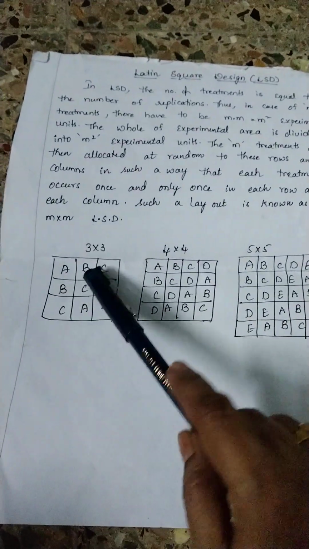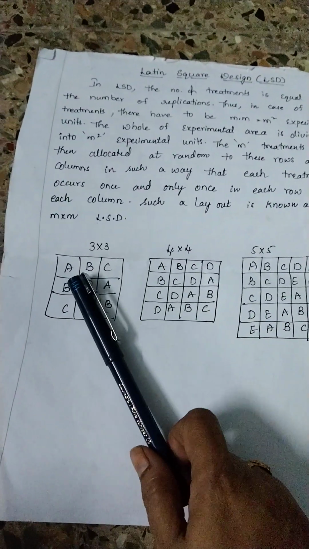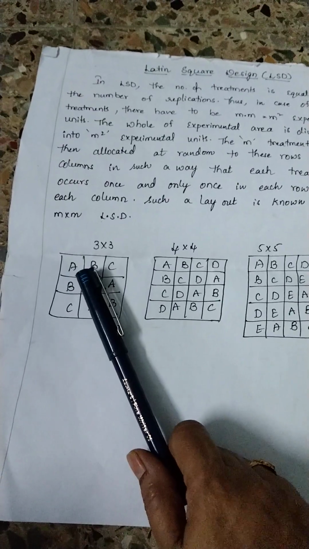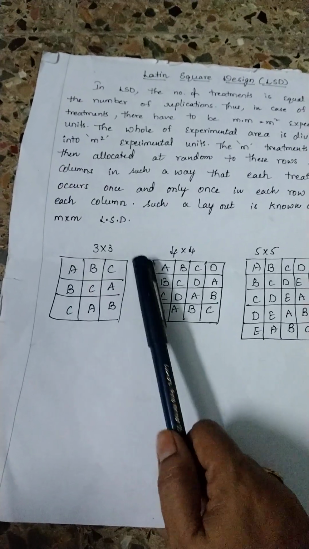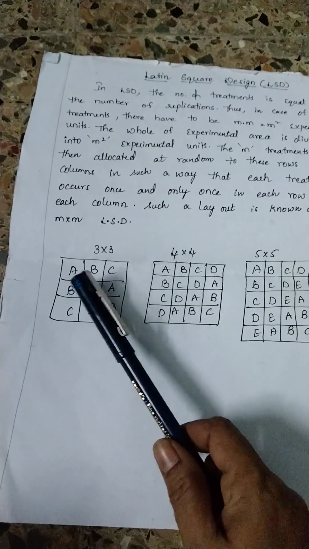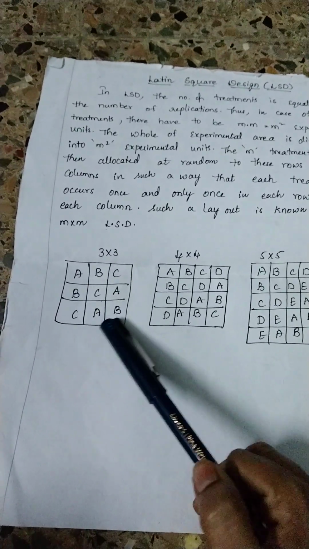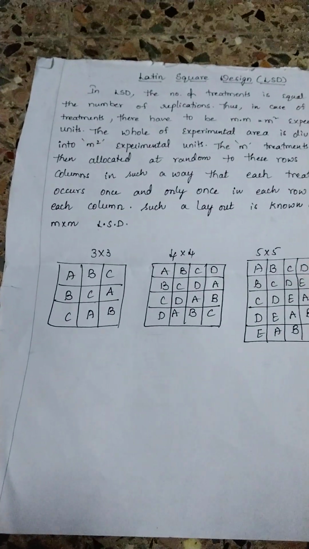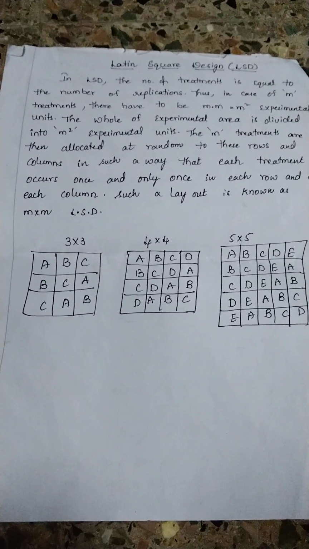If we take the example of 3 by 3, we are going to have the value of A once and only once in that row and column. A is nothing but one of the treatments here. Similarly, we can check each and every treatment. It should be once and only once in each row and in each column. Such a layout will be known as Latin square design.